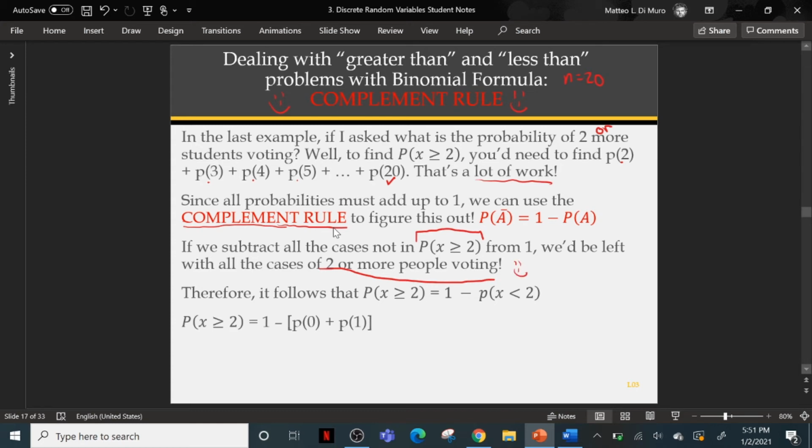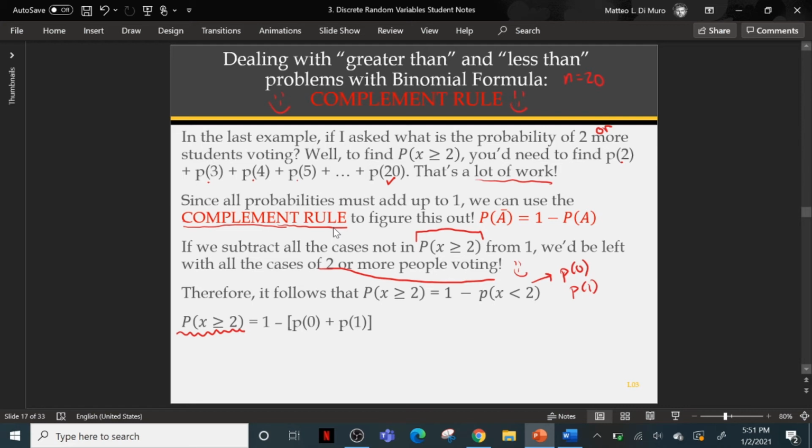Now, look, this is way less work. What would it be to go 1 minus probability that X is less than 2? Well, probability that X is less than 2, that was our last problem that we just did. Less than 2 people voting means probability of 0 people voting and probability of 1 person voting. So if I just go 1 minus probability of 0 plus probability of 1, I'd be left with every other case, which would be 2 people voting and up.